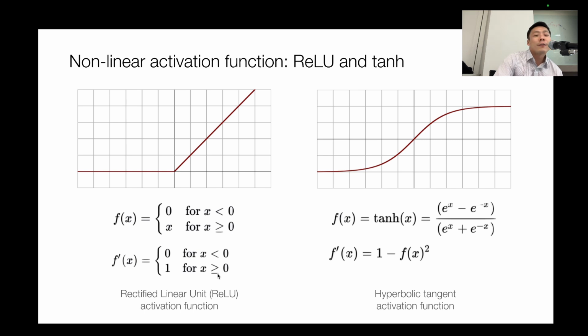I think you confuse it with something else. Yes, I can prove it to you right now, right? You can take the derivative of this. Is it like an indicator function?